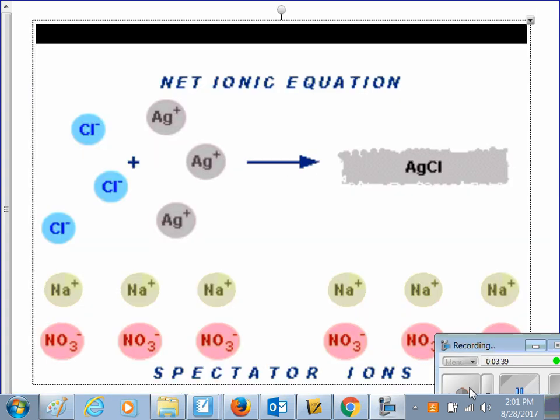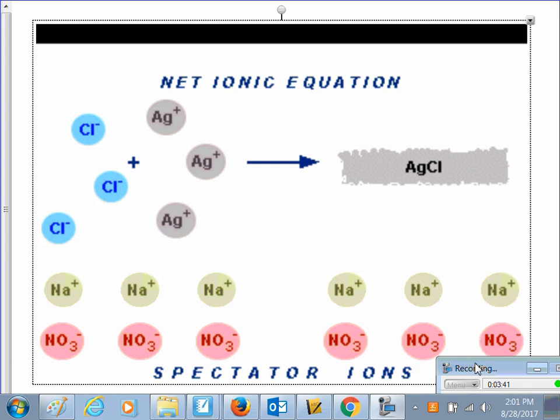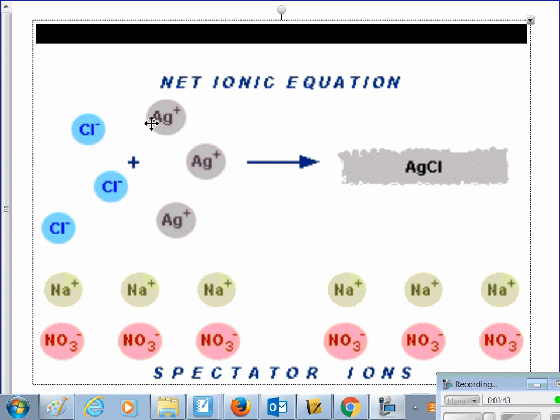So if you want to see this on a different level, this is a different reaction. This would be the reaction of sodium chloride, so NaCl, with silver nitrate, AgNO3. And when you put sodium chloride into solution, it'll split into sodium ions and chloride ions.